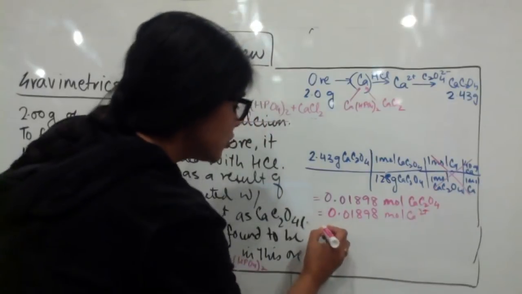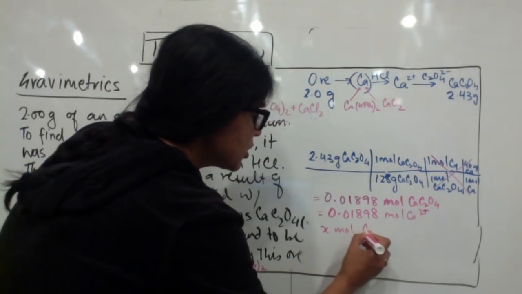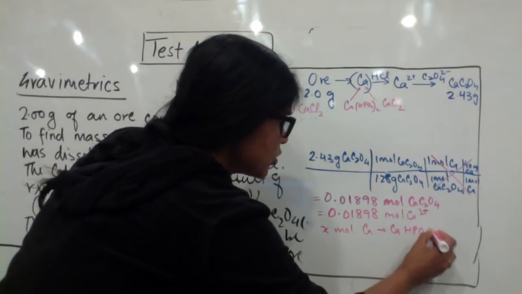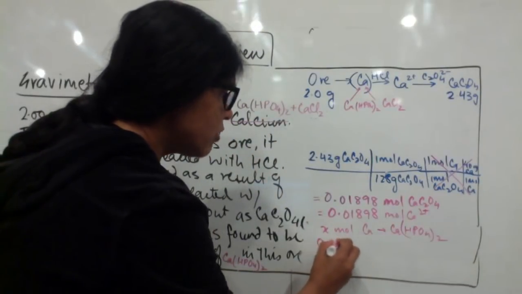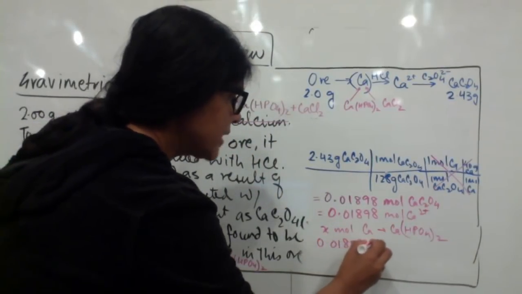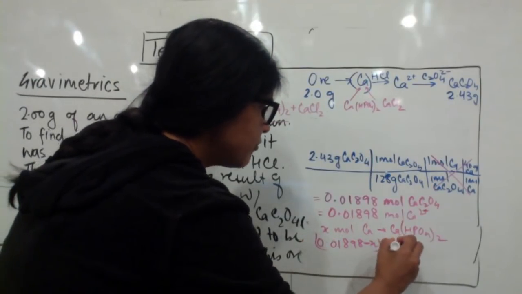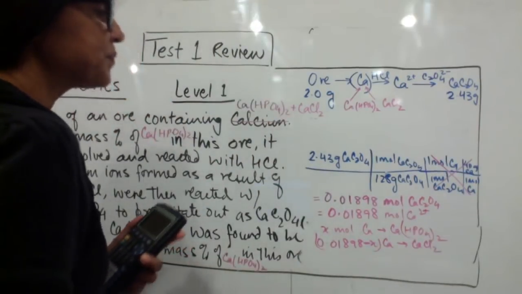Now let's assume X moles of calcium come from CaHPO4 twice, and then 0.01898 minus X moles of calcium will come from CaCl2, right?